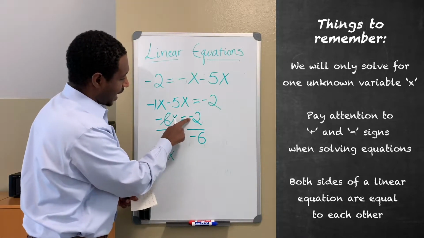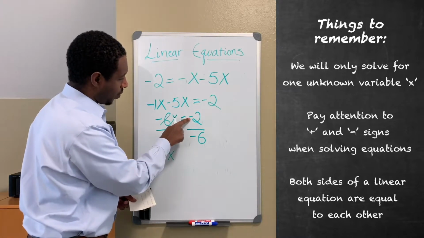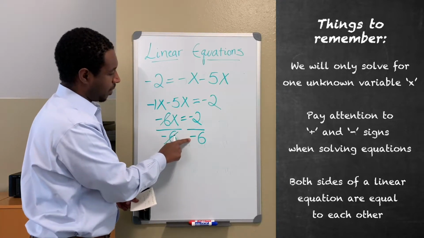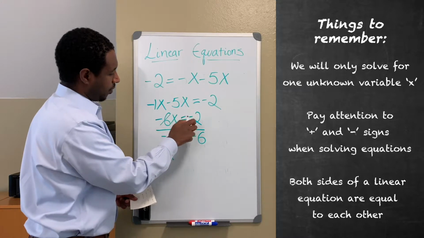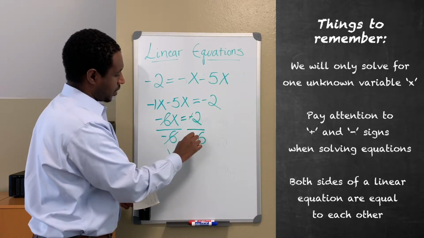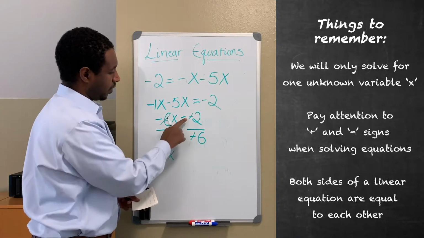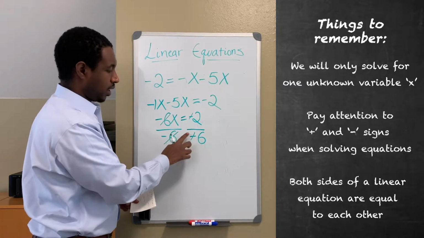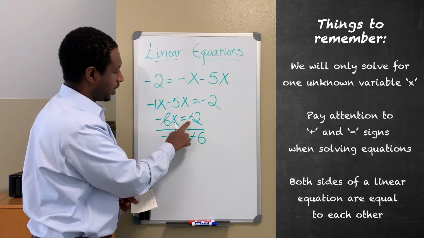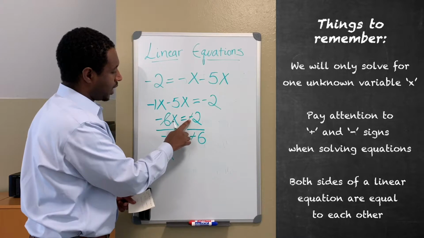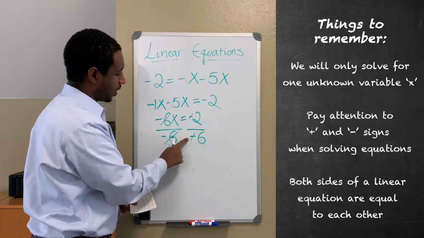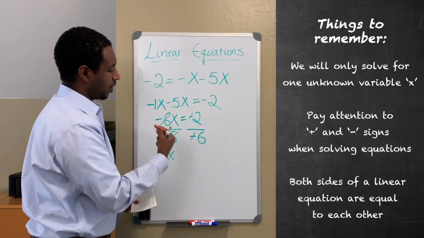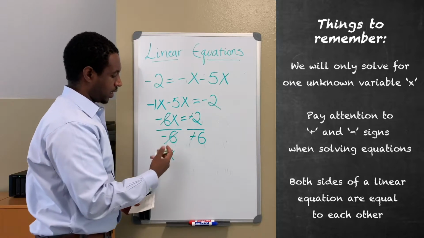But on this side, I have two negative signs, one on the top, one on the bottom. So first, those negatives cancel each other out. If this was a positive and a positive, it would remain a positive. But if we only had one negative on the numerator or denominator, then we're left with one minus sign.